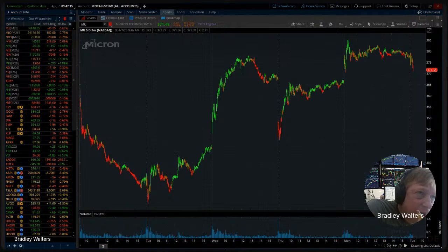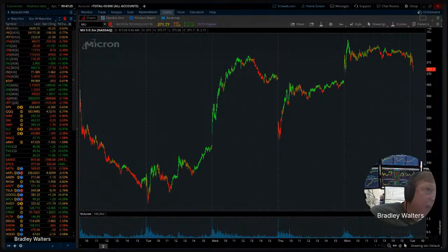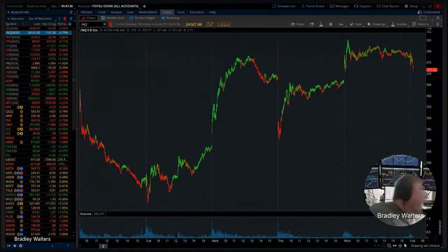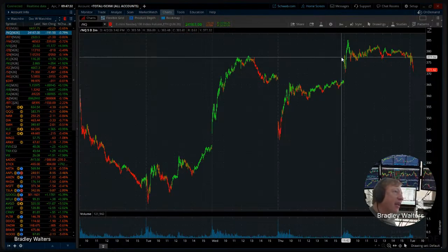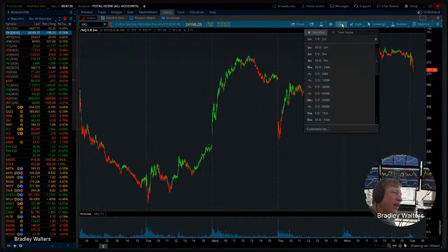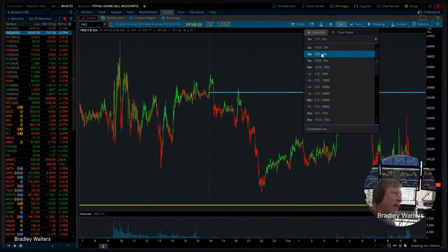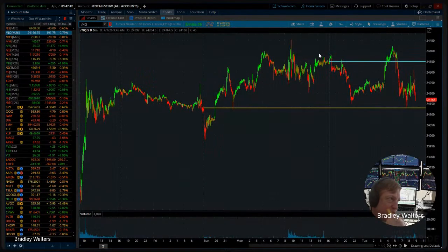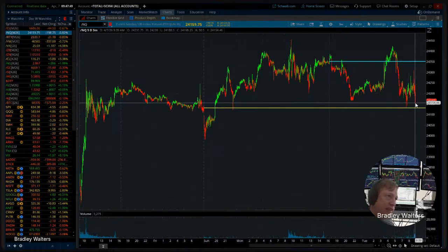Let's see what else we got going on here. The indices keep going down. As you can see, the indices keep coming down.